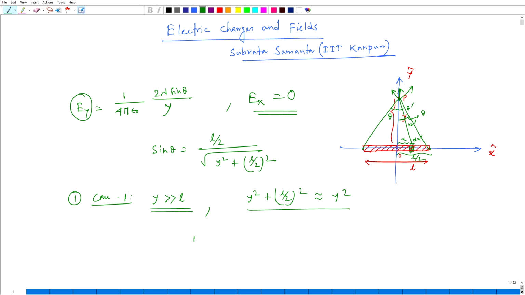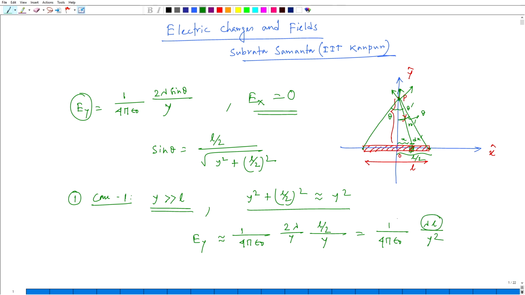Then the electric field E y becomes 1 over 4 pi epsilon naught times 2 lambda over y times L by 2 over y. So this becomes 1 over 4 pi epsilon naught lambda L over y squared.